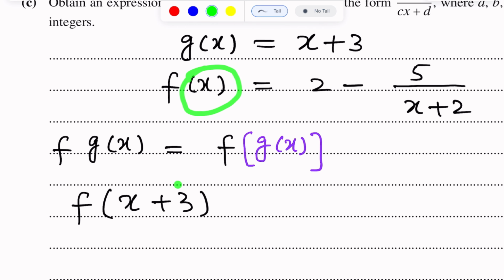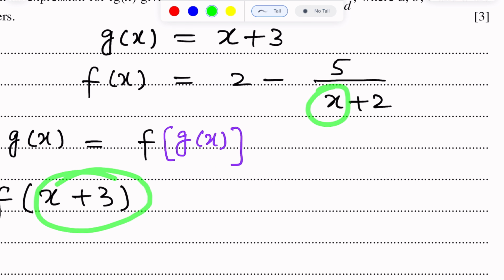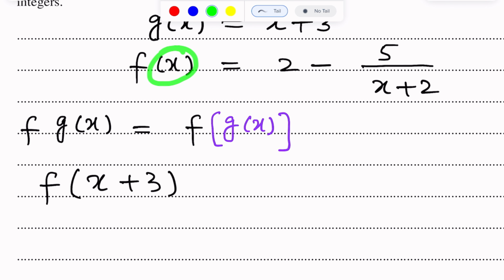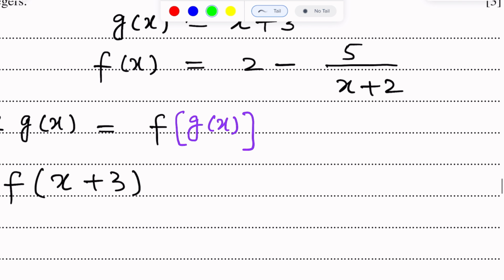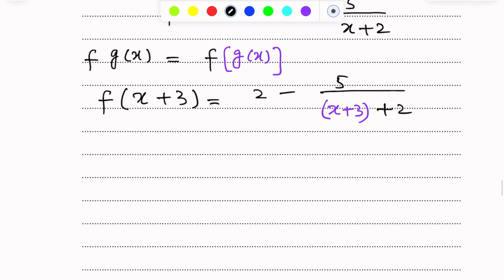Clearly, in place of x, now it is x + 3. On the right hand side of f(x), we replace x by x + 3. So this becomes 2 - 5/((x + 3) + 2).